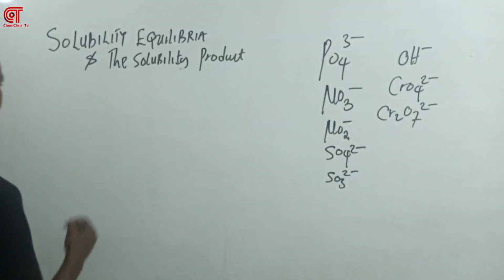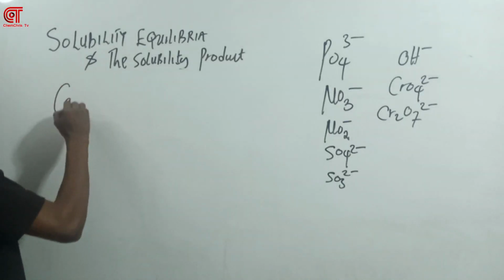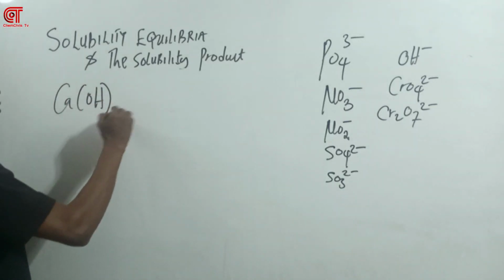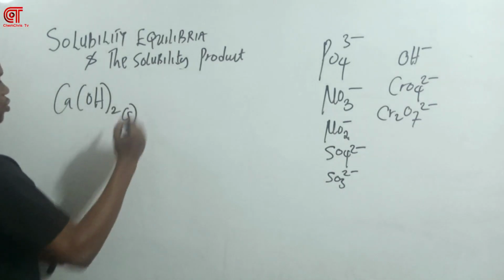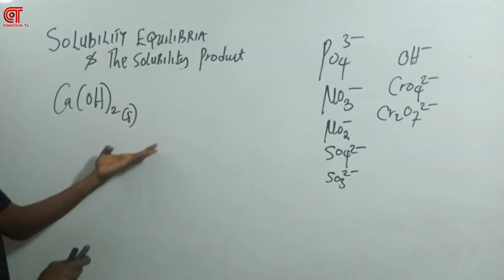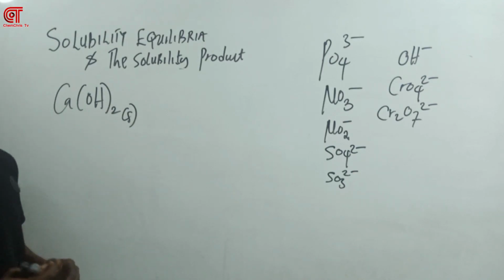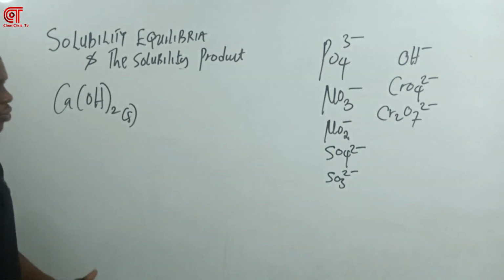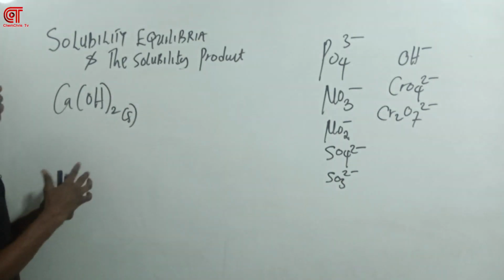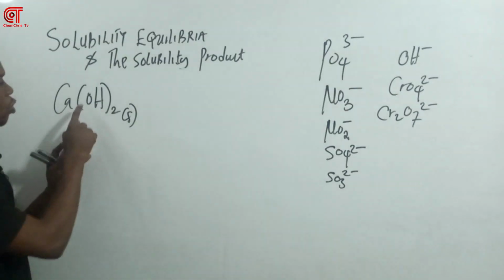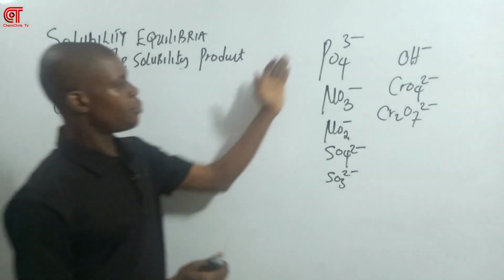For example, here we have calcium hydroxide. It's solid here, right? If you are being asked to write the Ksp expression, therefore you need to write the ionic equation for this one here. Now, whenever you see SO4, OH, they are called polyatomic ions.